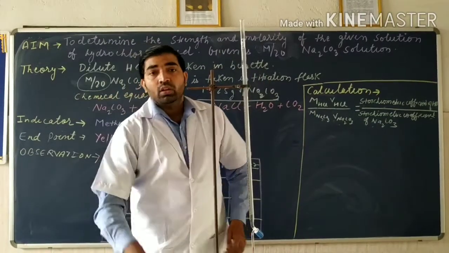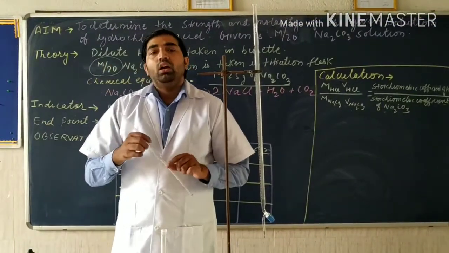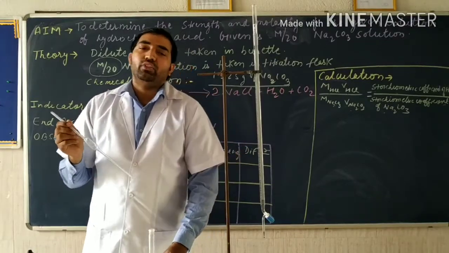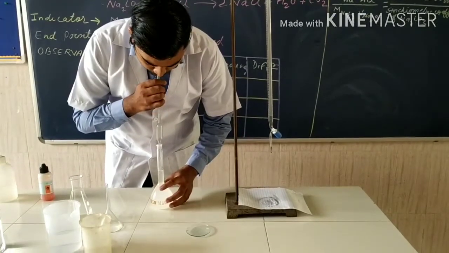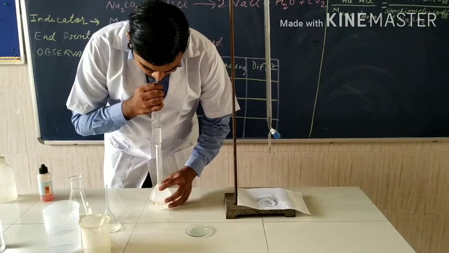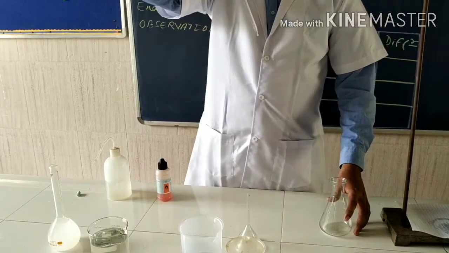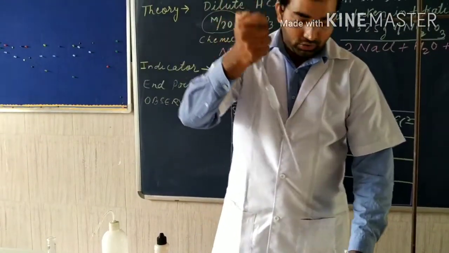Now we have to pipette out 20 ml of sodium carbonate solution and transfer it into the titration flask. See, this is 20 ml of standard sodium carbonate solution.